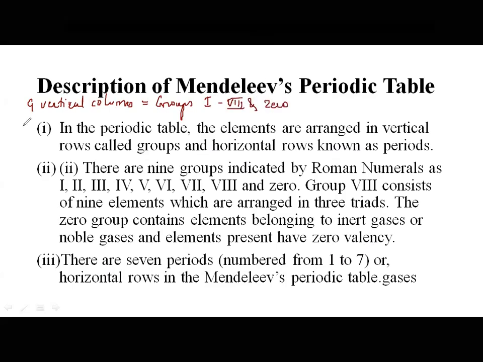And there were 7 horizontal rows, which he called periods, numbered from 1 to 7 in Mendeleev's periodic table.